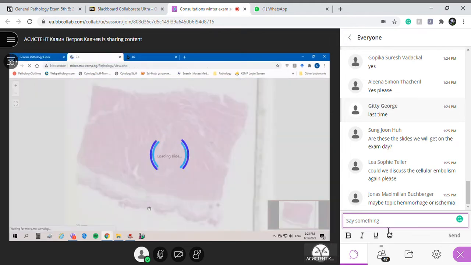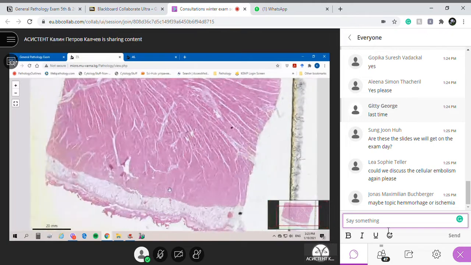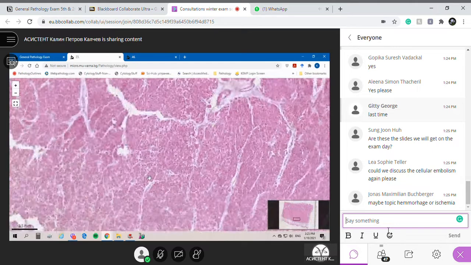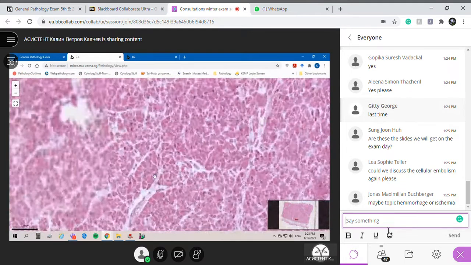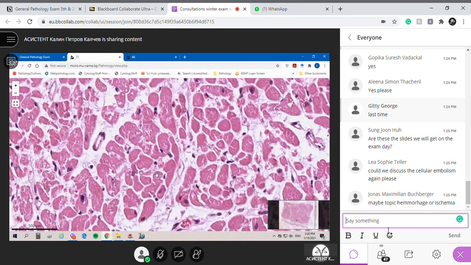If you have some issues here about the fibrinous pericarditis, the first thing here is to define the organ. It's obviously a muscular organ, but you have to tell what is the organ here. In transversal section of these cells, you cannot tell because they look round.